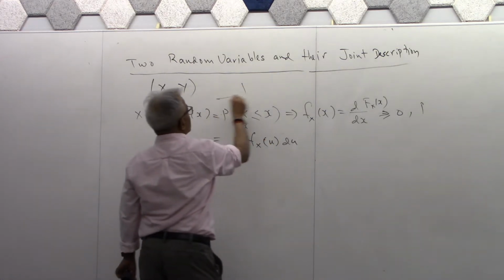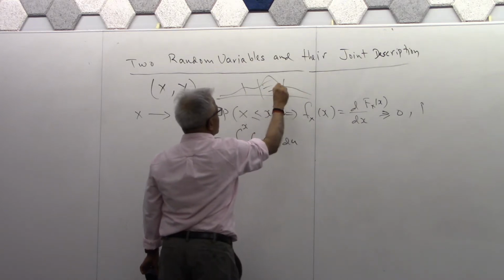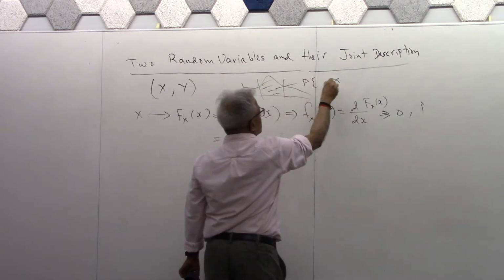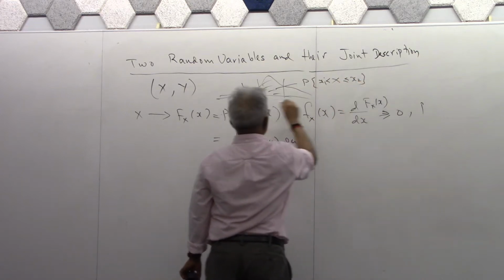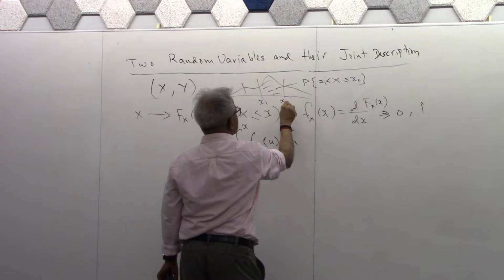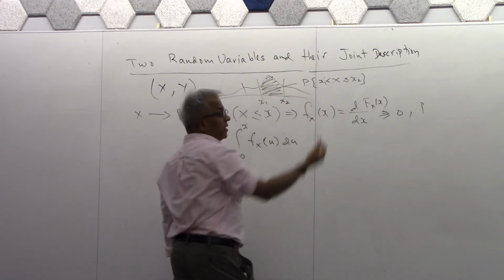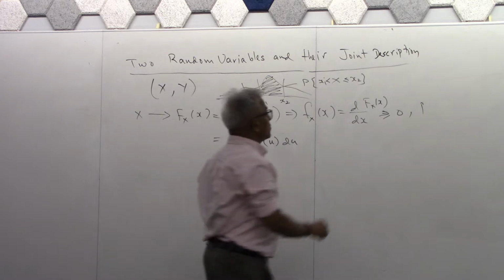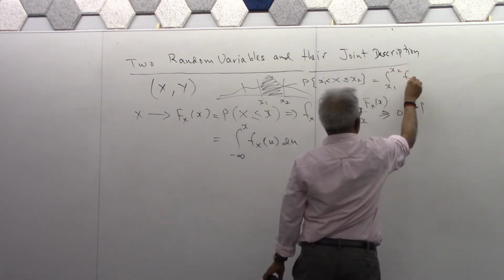So if you have the density function, then this area is the probability of x being greater than x1 and less than or equal to x2. So the whole area is 1, and this area is, of course, a fractional probability. That is the meaning of the density function.